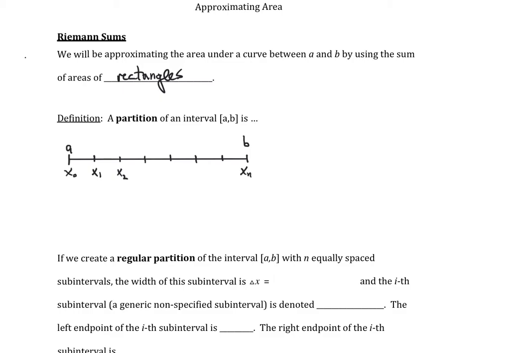So with a partition, what we're trying to do is break up this interval AB into n subintervals. So a partition of an interval is really a collection of subintervals.